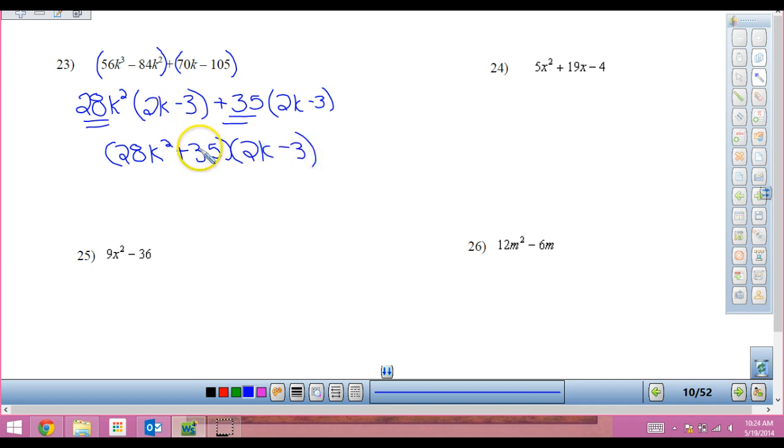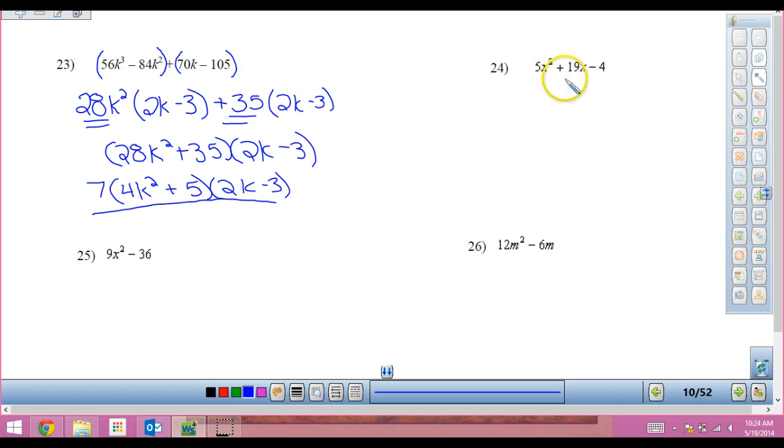Since we want to factor this completely, I've got to check to see if anything else comes out of this factor right here. And yes, it's a 7. So I can take 7 out. If I take 7 out of here, I get 4k squared plus 35 divided by 7 is 5. And then I keep my 2k minus 3. So factored completely is going to be that answer right there.